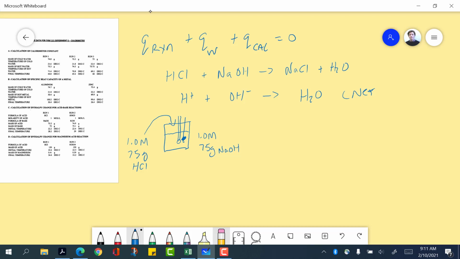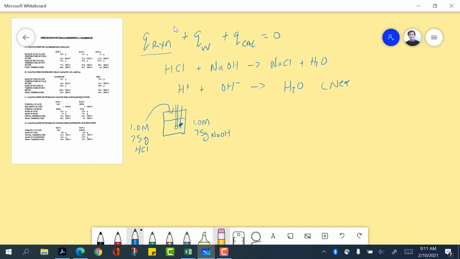And what we're solving for in this one is the heat of the reaction. So that's what we're solving for here. And in this particular one, everything's occurring right there in the calorimeter.